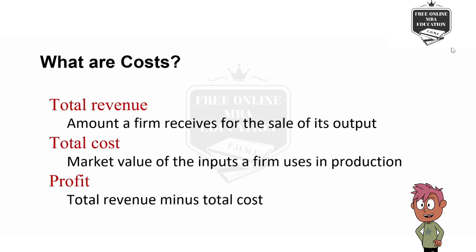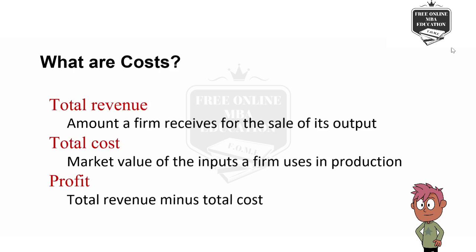Because as a manufacturer yourself, or as a seller yourself, I'm sure when you procure raw material, you procure that raw material at a cost, and where is that cost coming from? That cost is coming from the market value of the product or the service that you are procuring, right? So that is why when we understand our total cost, we need to understand the concept of market value, with respect to all the inputs that you are consuming in the process of your production.